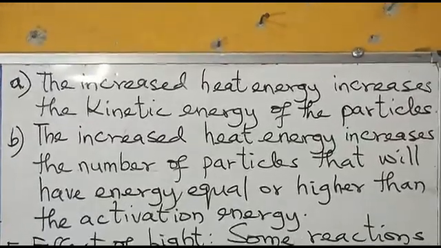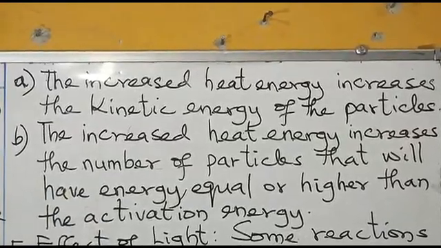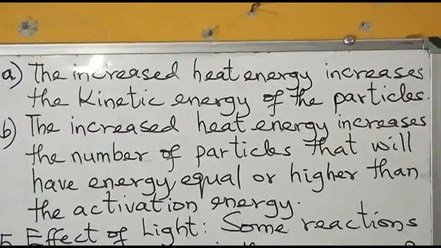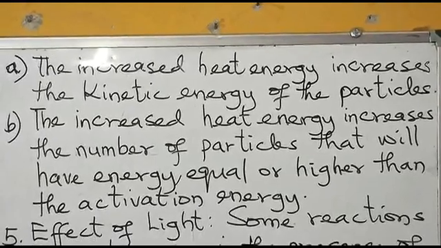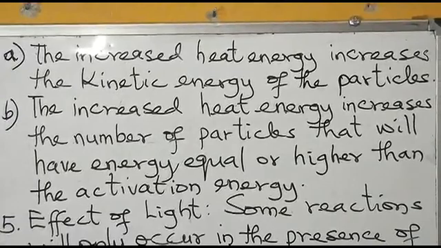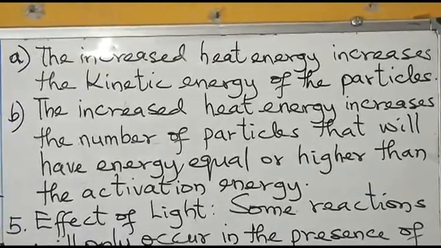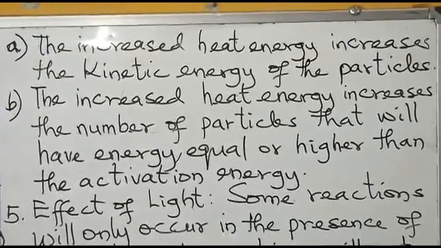So the first one is that an increase in temperature or heat energy increases the kinetic energy of the particles. And the second point is that when temperature increases, the number of particles that will have energy equal to or higher than the activation energy increases.